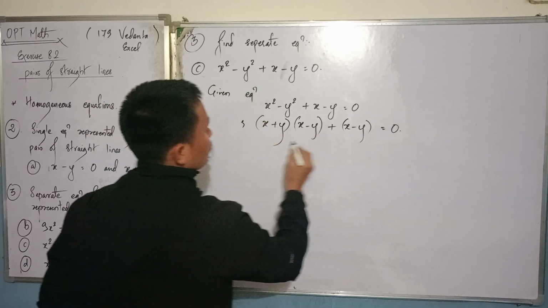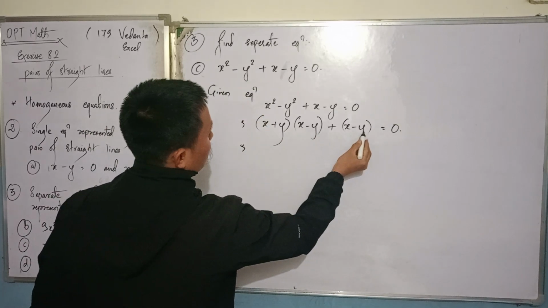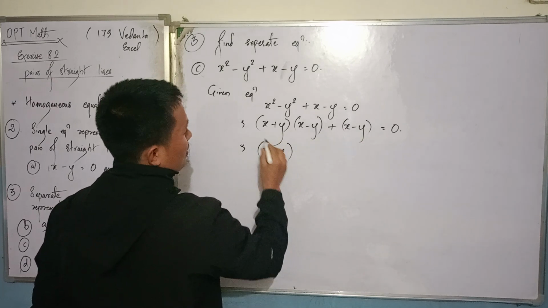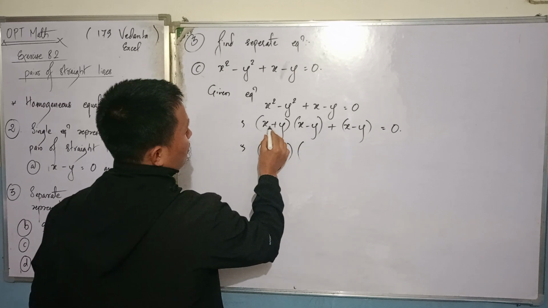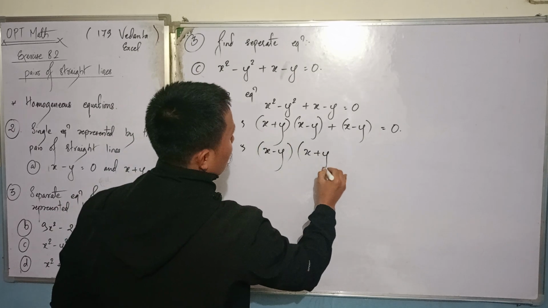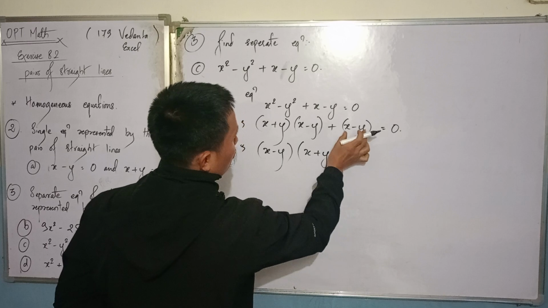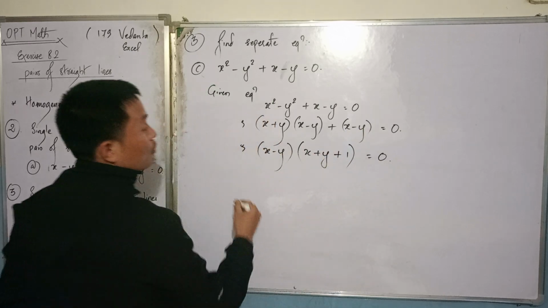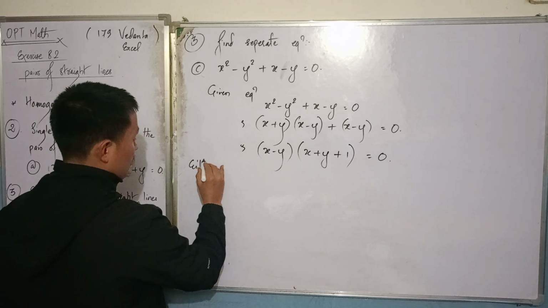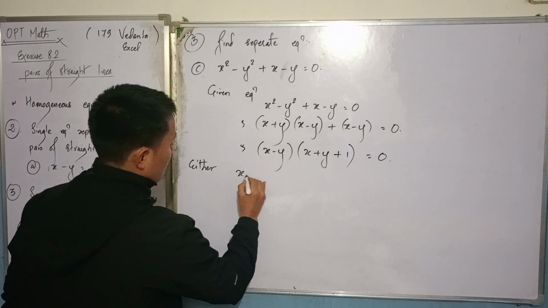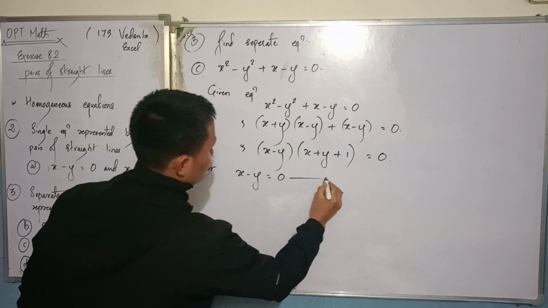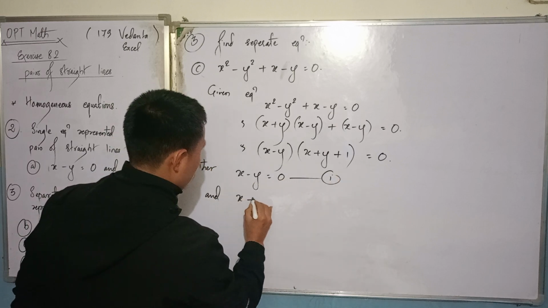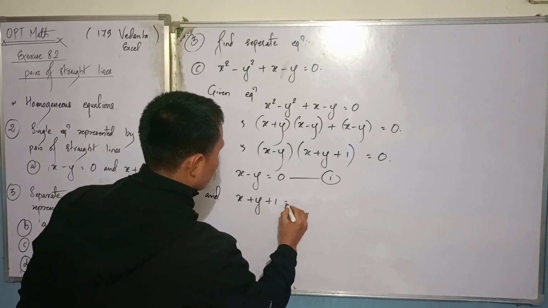Okay, so from these two terms you can take x minus y common, and then the remaining here will be x plus y plus, so this is already gone here, so remaining will be only 1 here. Okay, now we can do either x minus y is equals to 0, take it I, and x plus y plus 1 equals to 0.